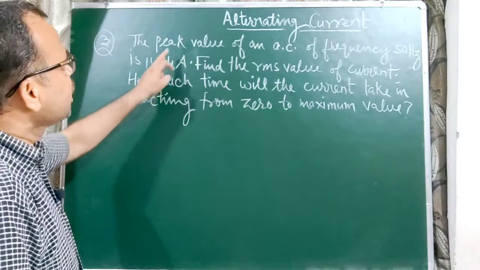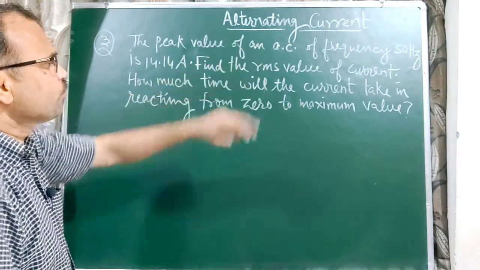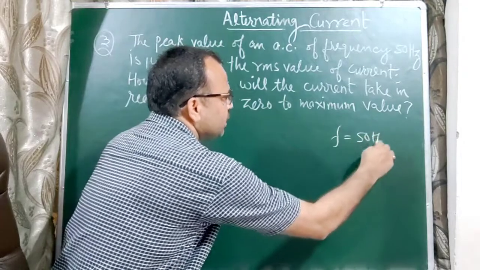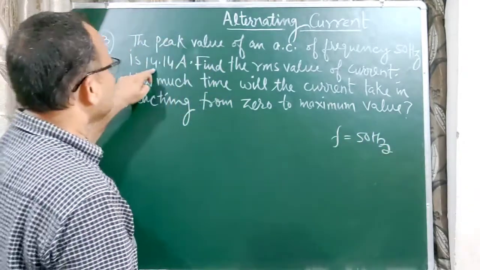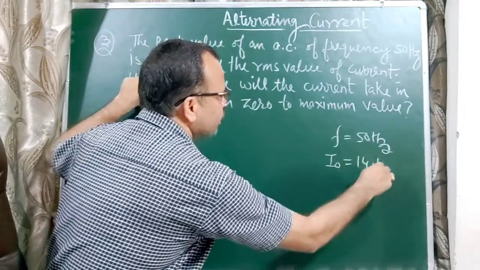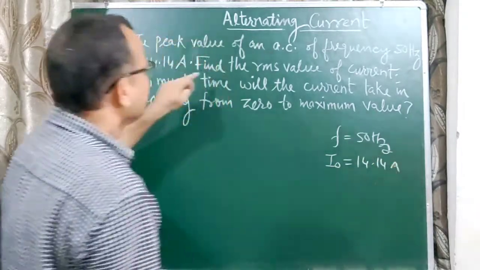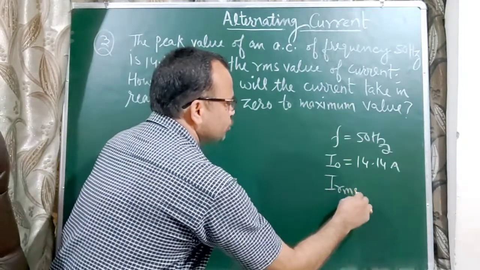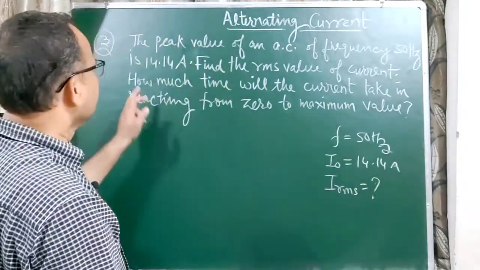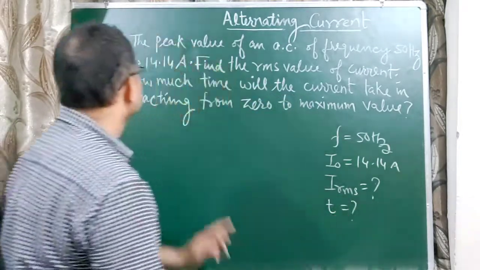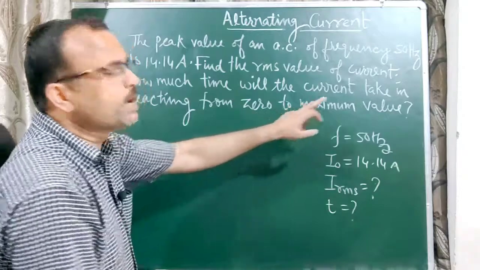Next problem. The peak value of AC of frequency 50 Hz, means frequency f equal to 50 Hz, is 14.14, means peak value represented by I naught, its value is 14.14 ampere. Find the RMS value of current, means IRMS, root mean square current. How much time will the current take, means t equal to question mark, in reaching from 0 to maximum value?